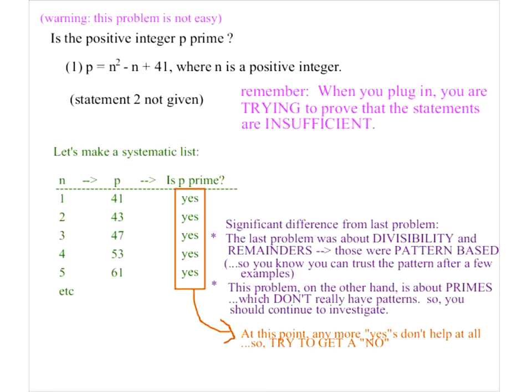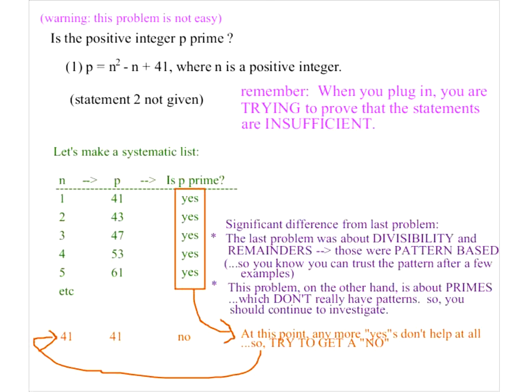Well, as one of our posters has pointed out, there's one number which will give you a no pretty much automatically here, and that's 41. Because then P is 41 squared minus 41 plus 41. And you don't have to think of 41 itself.